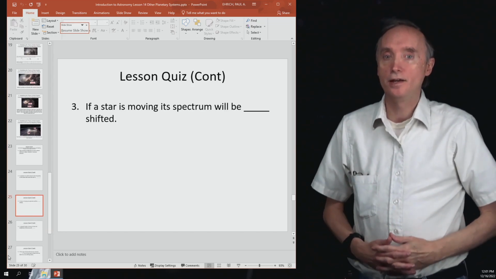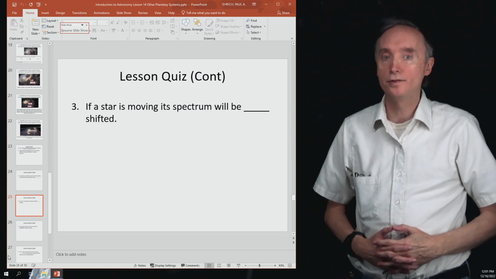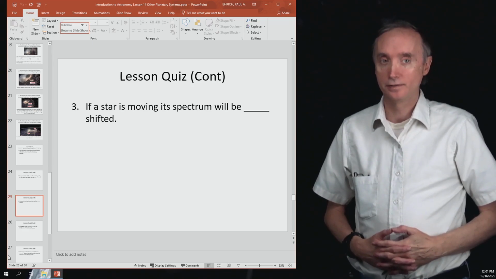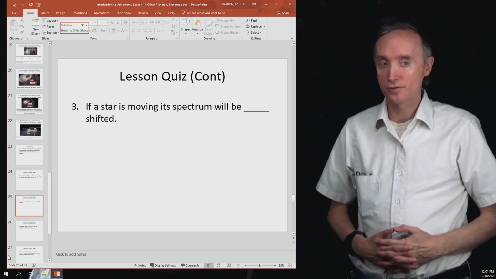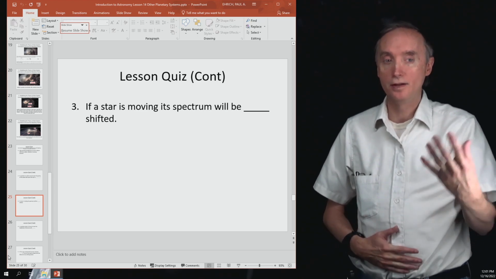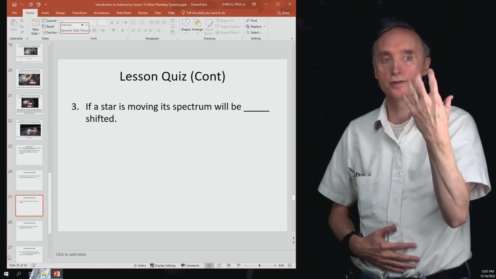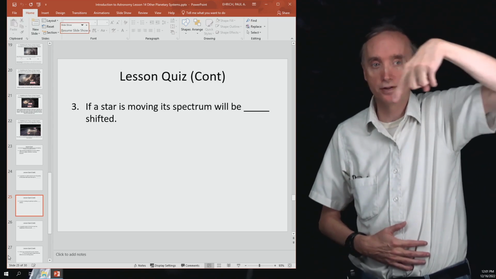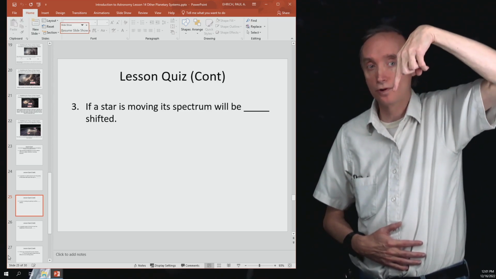Number 3, if a star is moving, its spectrum will be what shifted? Begins with the D, Doppler. So it's going to be Doppler shifted. So meaning that if the star is moving towards us in its orbit, see it's going around in an orbit, which means sometimes the star would be moving towards us.